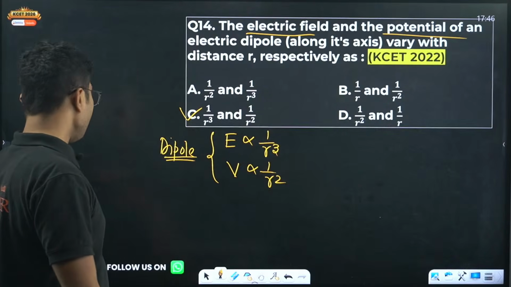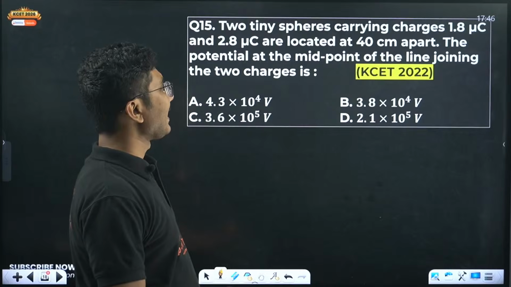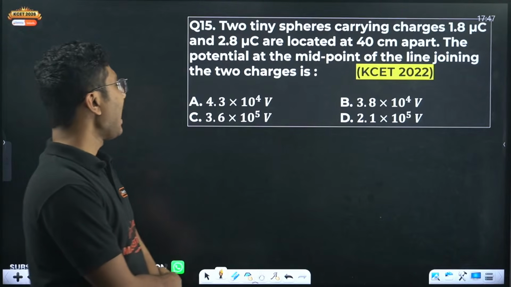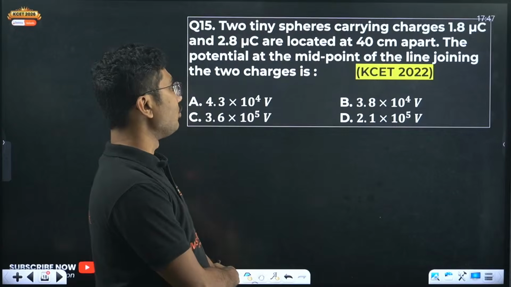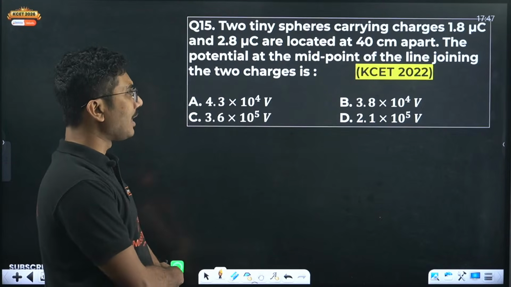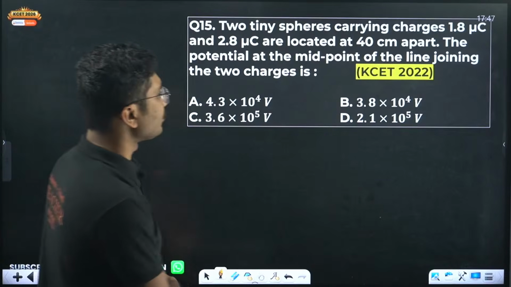Next, two tiny spheres carrying charges 1.8 microcoulomb and 2.8 microcoulomb are located 40 centimeter apart. Find the potential at the midpoint of the line joining the two charges.